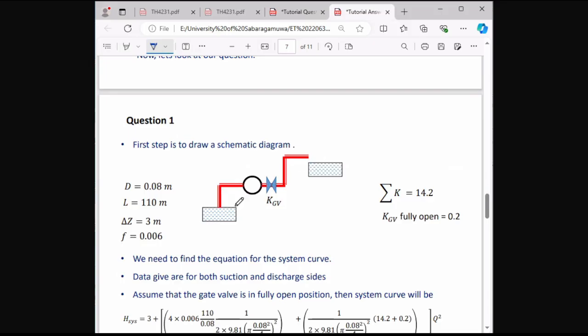Here you can see the fuel storage tank. Then you can draw your system like this: pipeline and pump, and the gate valve you can identify here, and the discharge pipeline. Okay, this is the pump.